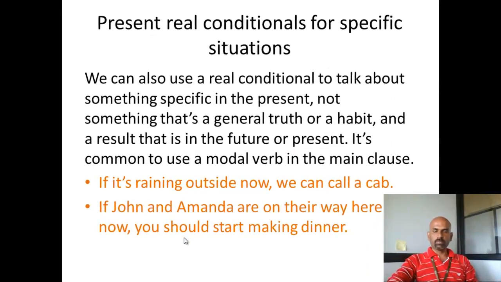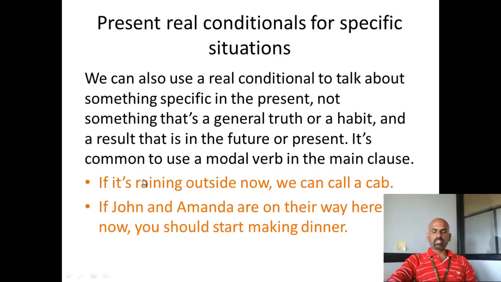Look at the next one. Present real conditionals for specific situations. I don't want to go into detail about the rules, so straight away, let me talk about the examples. If it's raining outside now, we can call a cab. It's a modal verb that we have seen in the previous example also, but here it is present continuous tense.